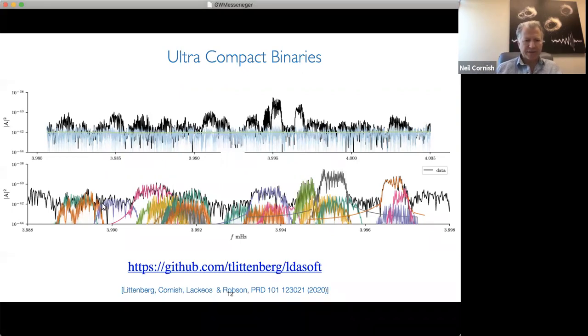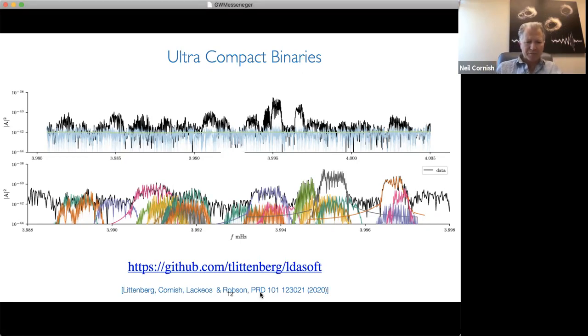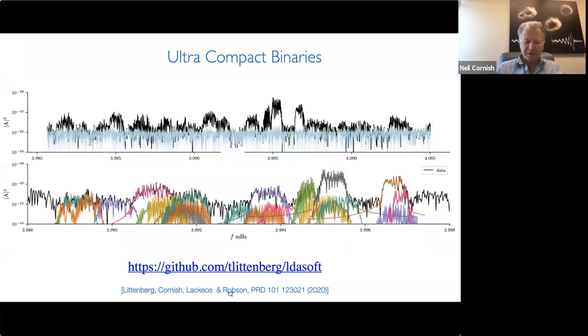You can see the colored components here are the resolved galactic binaries that were subtracted out. We didn't know in advance how many binaries would be resolvable, so this is using transdimensional modeling. If you're interested in this, we've got a paper, but if you actually want to download the code, it's available on GitHub, free to anyone to play with and assist in the development.